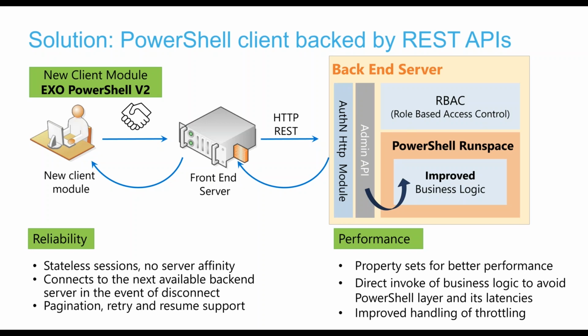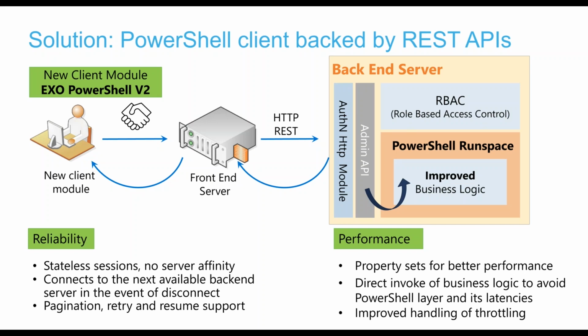If something happens with the server, you are just redirected to the next available server, which in turn gives us some retry and resume support. We also have support for pagination. We have this improved logic, which only returns a minimal set of attributes and greatly helps with increasing the performance, and some other stuff which we will cover.